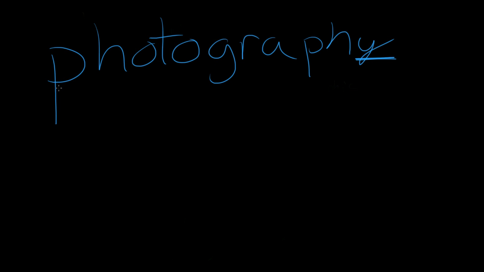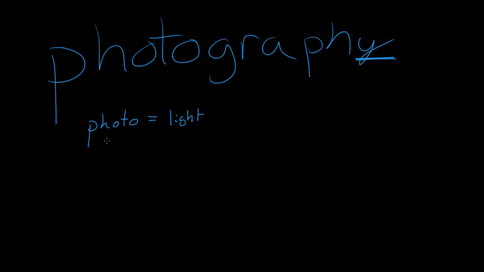Now this word is actually a Latin and Greek word, and that is my ideal way of reading. Because what you do is, instead of trying to sound out the words, you actually learn all of the Latin and Greek roots. So photo is a Latin or Greek root, I can't remember which one, but photo means light.